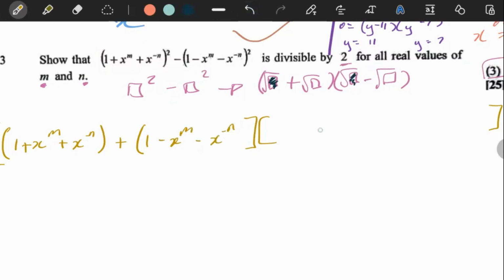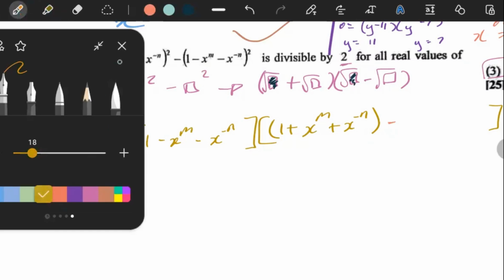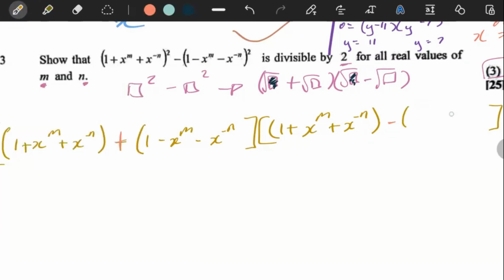And then, since you put a plus in this one, it means you have to put a minus in this bracket. So here you're going to have 1 minus x to the power of m minus x to the power of negative n, close bracket. There you go.